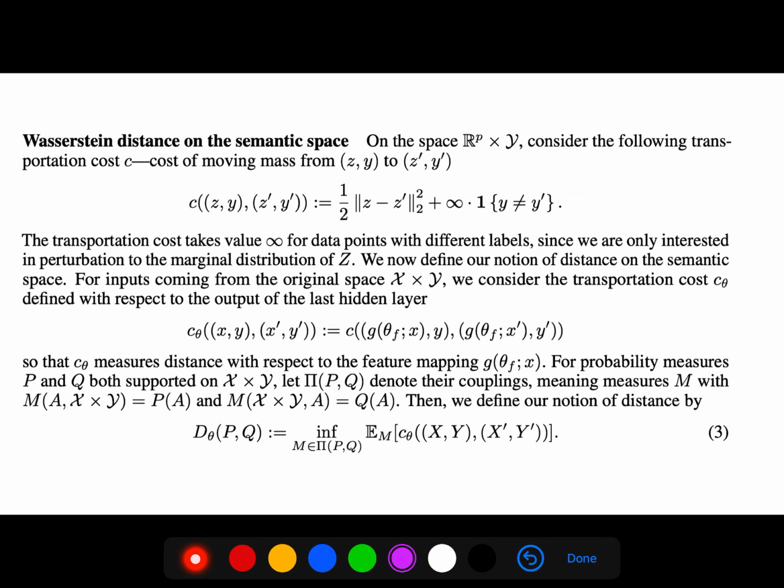Wasserstein distance on the semantic space. Consider the following transportation cost, this C in the theory of optimal transport, that the French mathematician was talking about in his book, the cost of moving mass from Z and Y. I remember that name, Cedric Villani, who is the advisor of Macron as well.